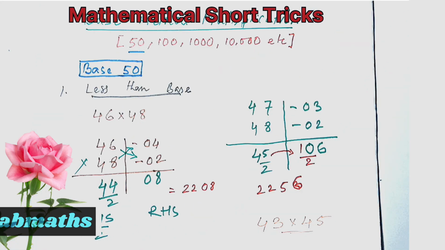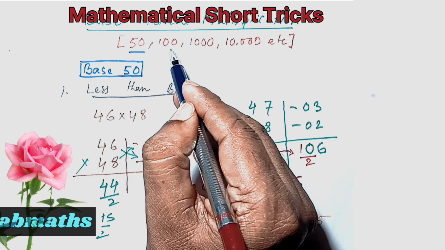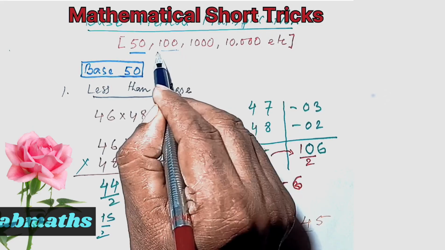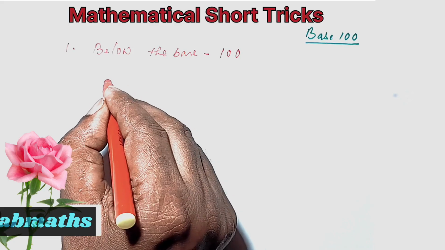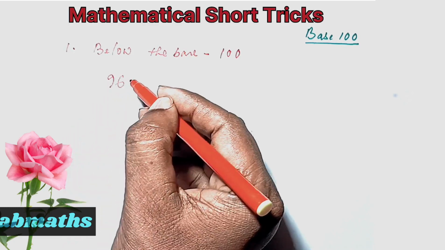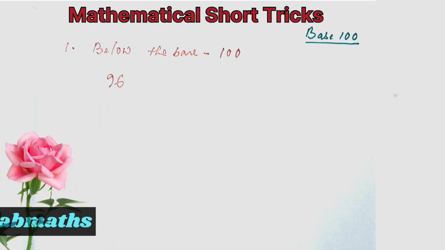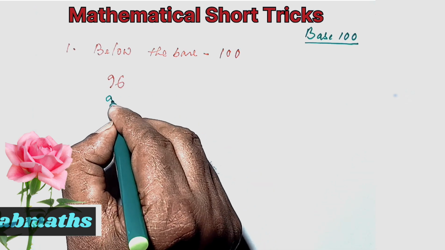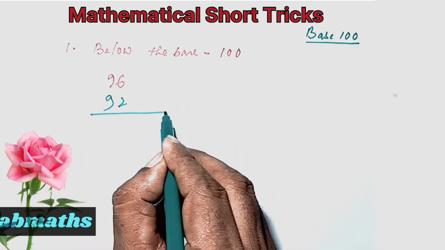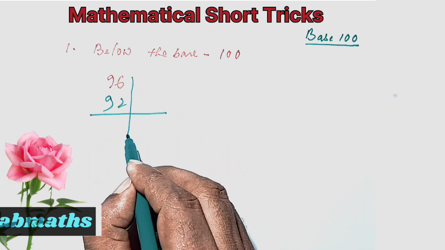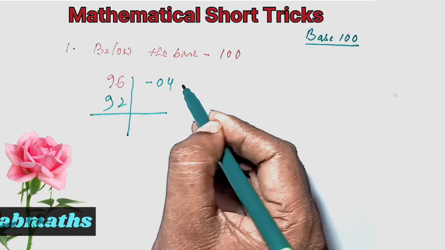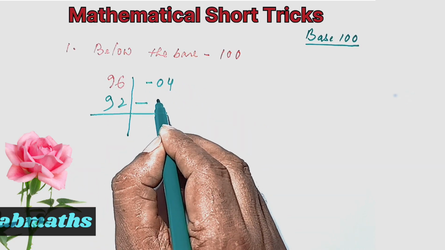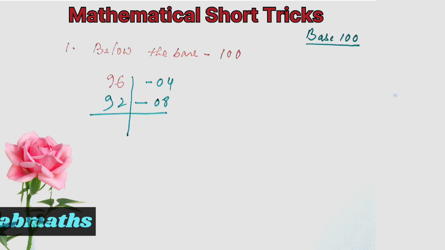Hello everyone. Here in this case of base method multiplication, let us take the example of 100 now. Below the base, that means below 100. So if we take an example, let us take 96 multiplied by 92. When we multiply this, we make it in parts. 96 is 4 away from 100. 92 is 8 away from 100.